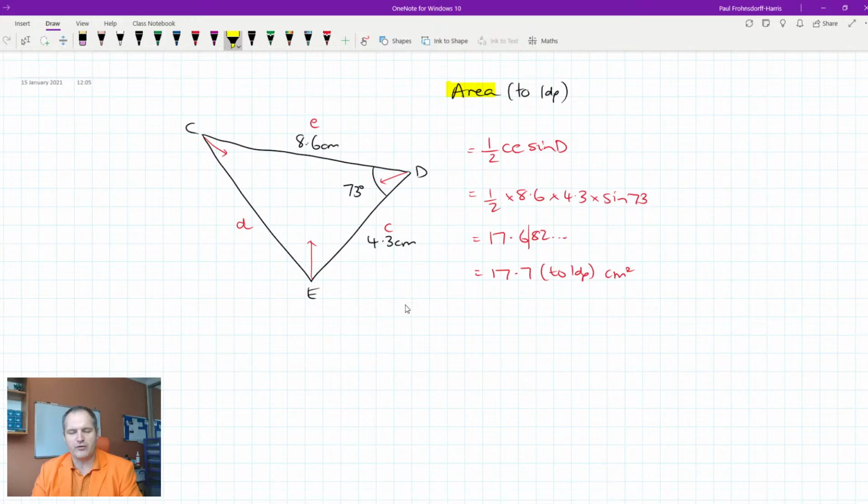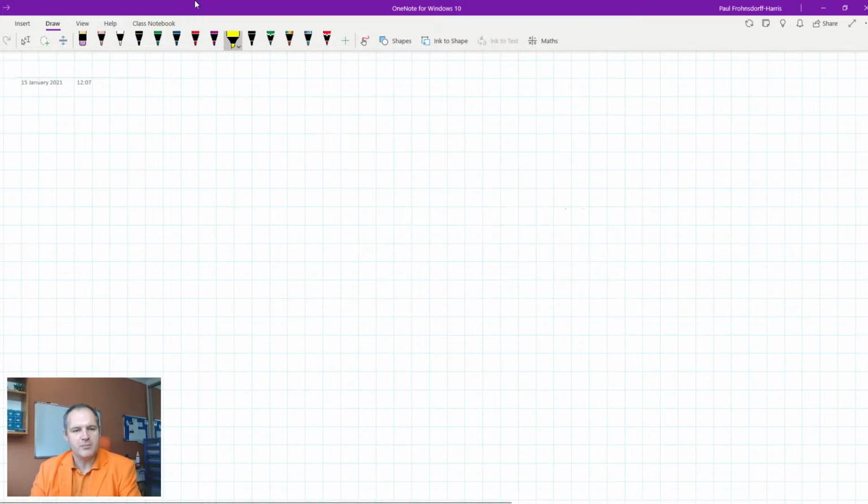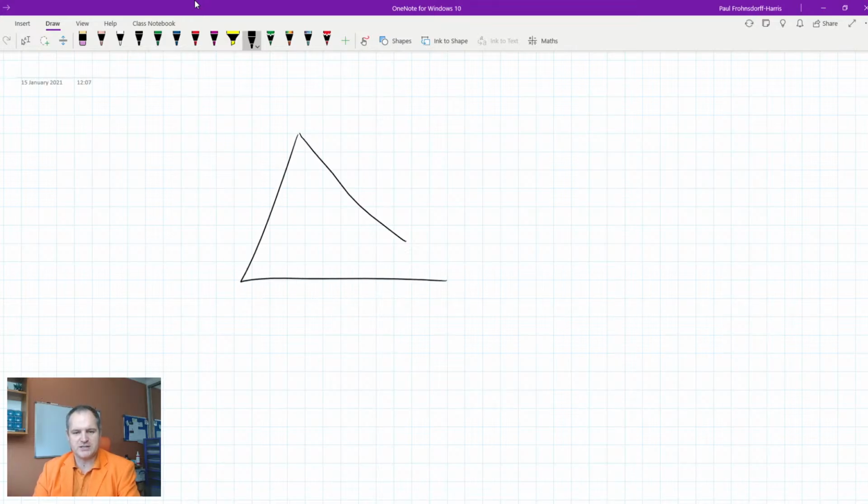The reason I use the formula changes depending on what letters you've got. It's always, however, the angle and the two sides either side. That means you've got the scope for slight messing around, because someone could come along and try to catch you out.